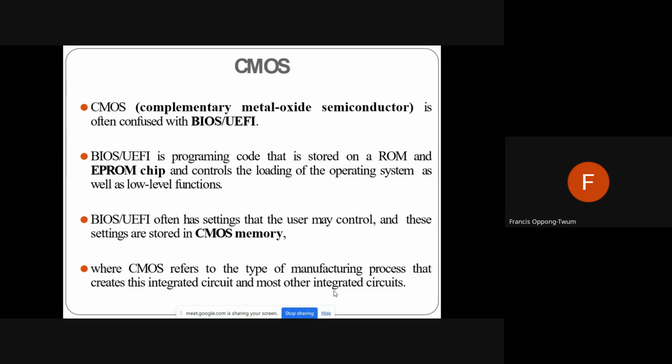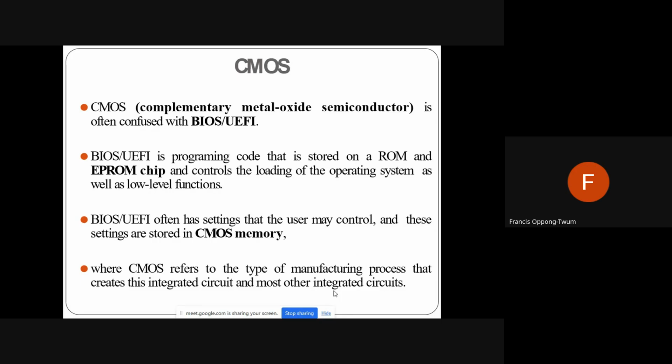We are saying that the BIOS and the UEFI is programming code that is stored on the ROM or the EEPROM chip and controls the loading of the operating system as well as the low-level functions. Some of the low-level functions, like my brother said, if you press the HP button, the HP sign will show, Lenovo, you see all those things.